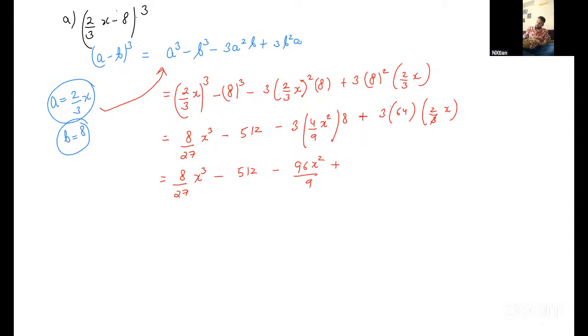We can cut this 3 with this 3, and this also, so it becomes 32 by 3. So the final answer will be 8 by 27x cube minus 512 minus 32x square by 3 plus 128x. This is the final.